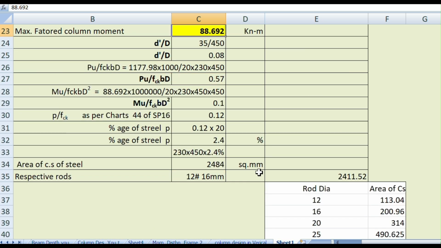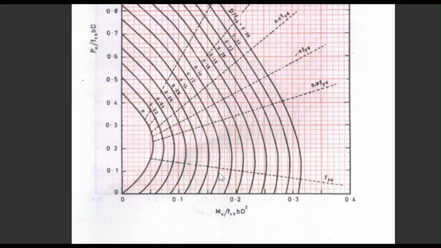Now we are going to the design part. Design part means calculating the reinforcement. Now we need three types of calculations. One is this one, another is this one, another is this one. Why is this required? d dash by D is required, Pu by fck b D is required, Mu by fck b D square is required. We are going to use a chart of this type.